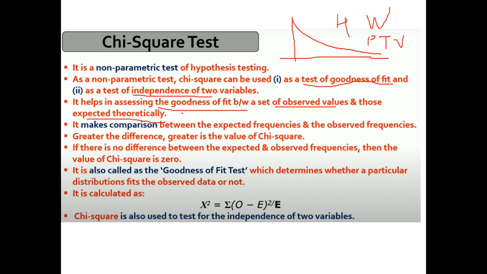Then you want to check the distribution of that graph. That is where you do this goodness of fit test. You are checking against theoretical: is this data Poisson distributed, binomial distributed, or exponential distributed.